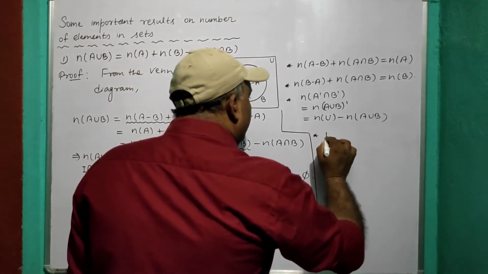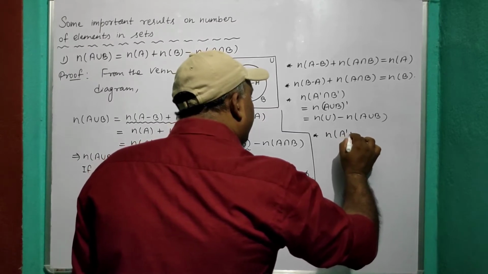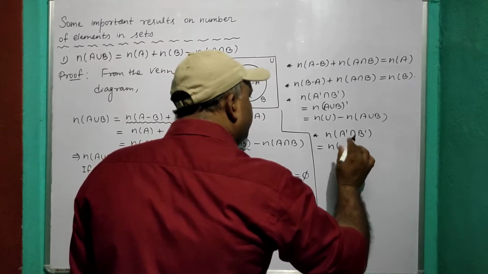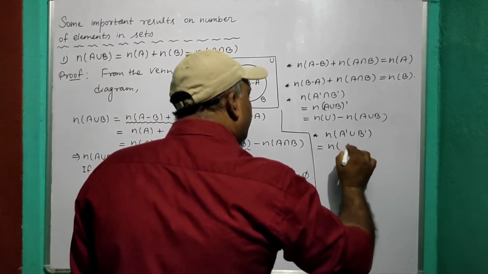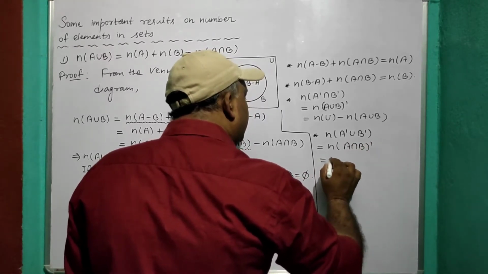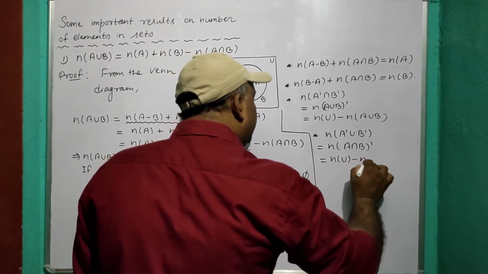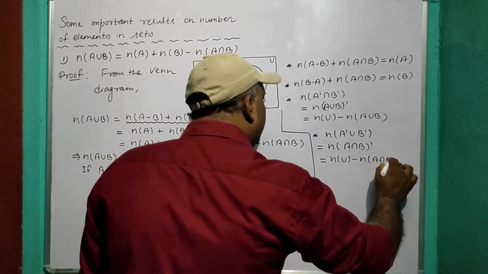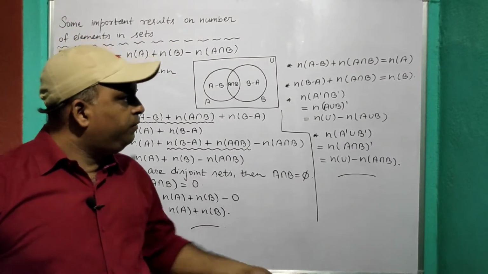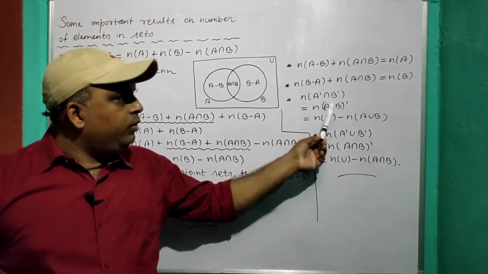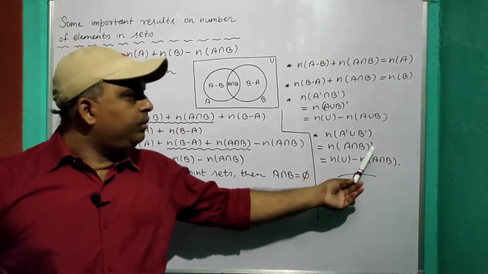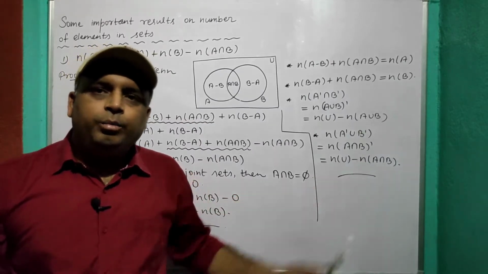Similarly, you can write n(A' union B') as n((A intersection B)'), that is n(U) minus n(A intersection B). So both of these are De Morgan's law: (A union B)' is A' intersection B', and (A intersection B)' is A' union B'.